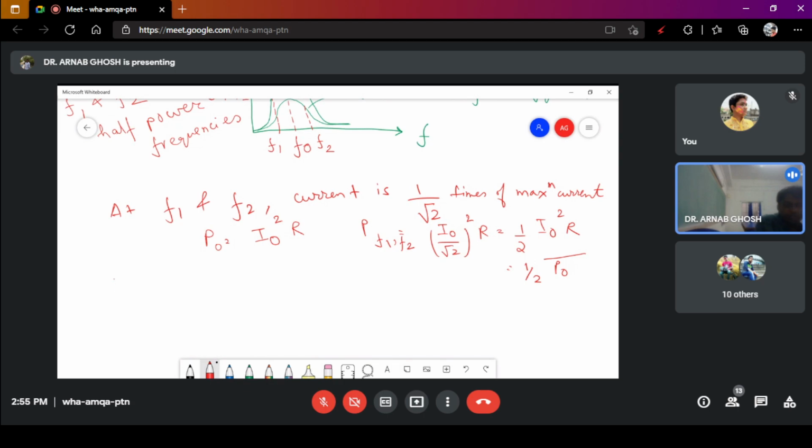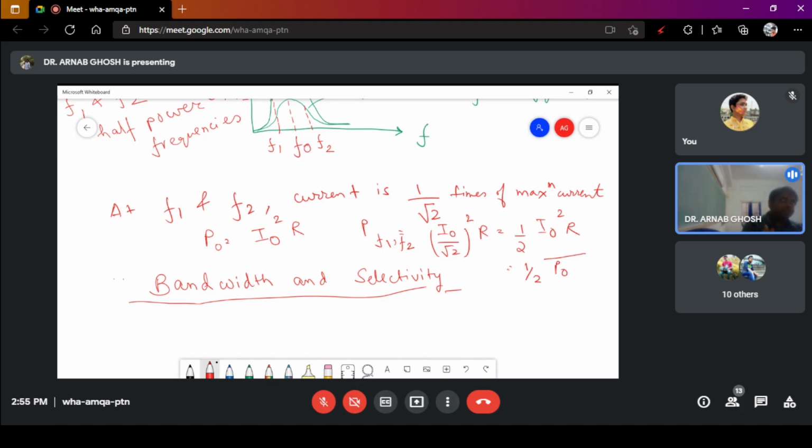From this, we come to two more terms, bandwidth and selectivity. Till now you know what is the resonant frequency.